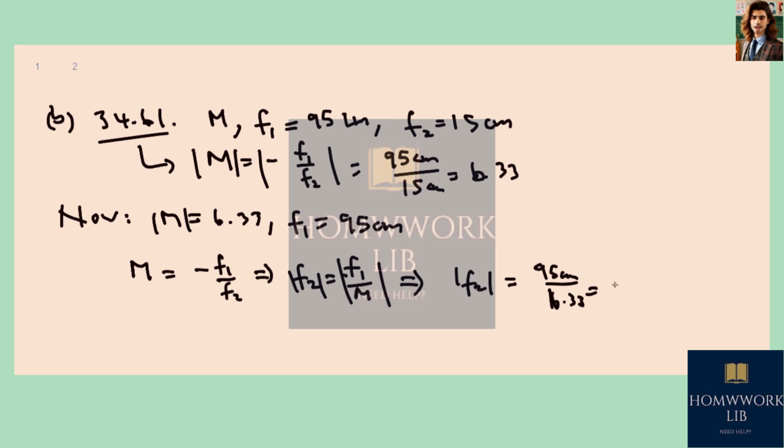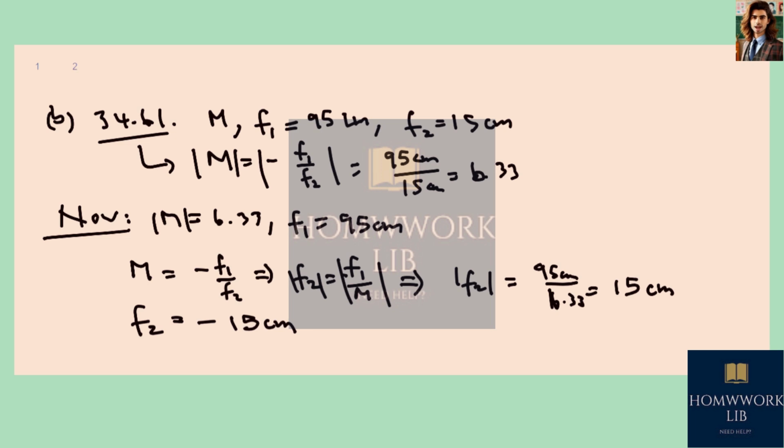And that's obviously 15, because if you look at this problem, when we divided 95 by 15, we got 6.33. So if we divide 95 by 6.33, we're going to get 15 centimeters. Now, since f2 in problem 100 is diverging, it needs a minus sign there. So that's minus 15 centimeters.